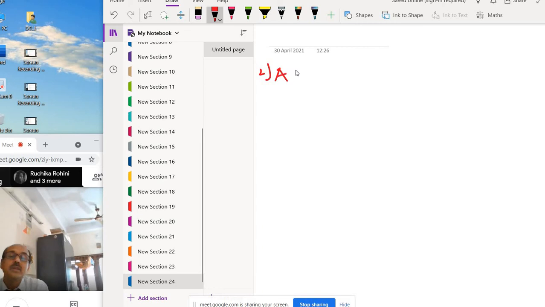A equal to 2, 4, minus 2, 3. 2, 4, minus 2, 3.